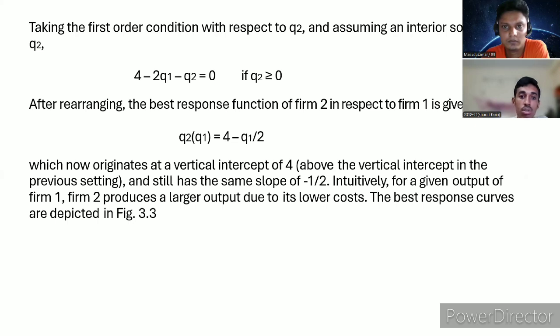This is the equation we find after manipulating, and after rearranging, we find farm 2's best response function in response to farm 1, which now originates at a vertical intercept of 4, above the vertical intercept in the previous setting, and still has the same slope of minus half. Intuitively, for a given output of farm 1, farm 2 produces a larger output due to its lower cost. The best response graphs are depicted in figure 3.3.